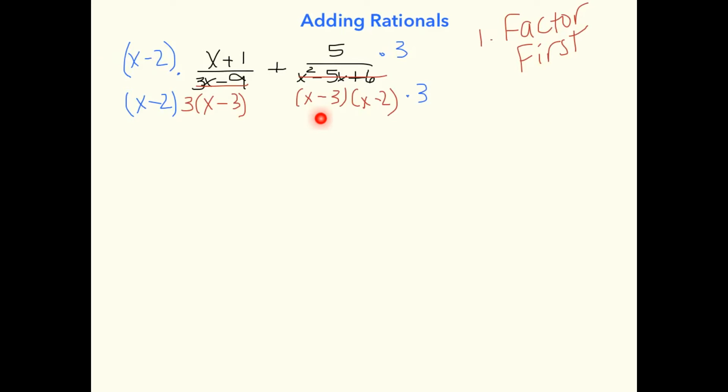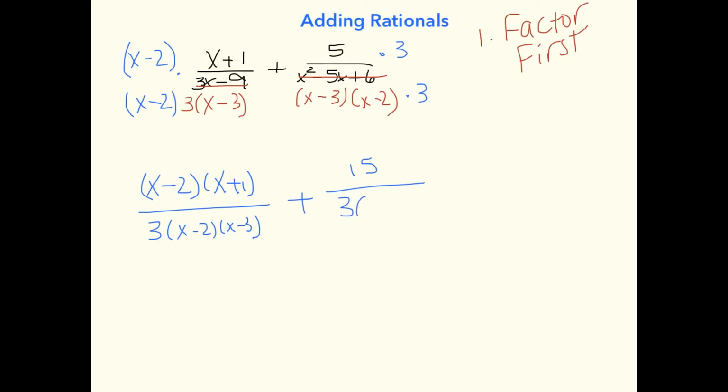Now we just put it together. We rewrite this rational, and we have x minus 2 times x plus 1, over our new common denominator, 3 times x minus 2 times x minus 3. We're still adding, and our 5 times 3 became 15, over 3 times x minus 2 times x minus 3.